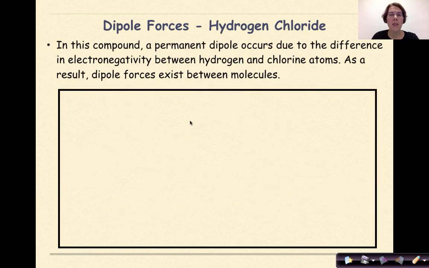Now let's look at a representation of dipole forces with hydrogen chloride. In this compound, a permanent dipole occurs due to the differences in electronegativity between the hydrogen and the chlorine atoms. As a result, dipole forces exist between the molecules. So let's add some hydrogen chloride to the box.